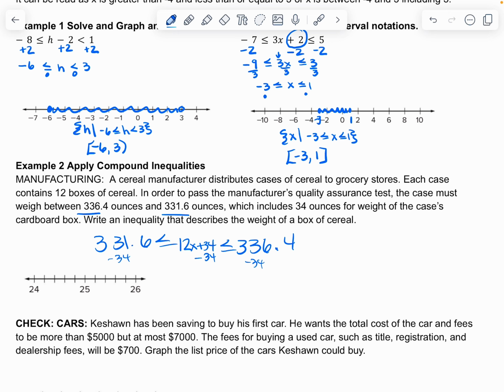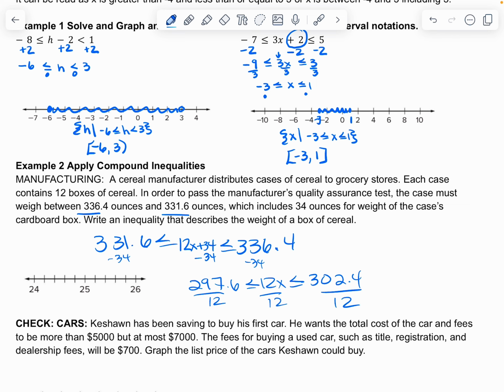And I should have a calculator out for this. Calculator. So 331.6 minus 34 equals 297.6 is less than or equal to 12x, which is less than or equal to 302.4. So I take these and I divide everything by 12.